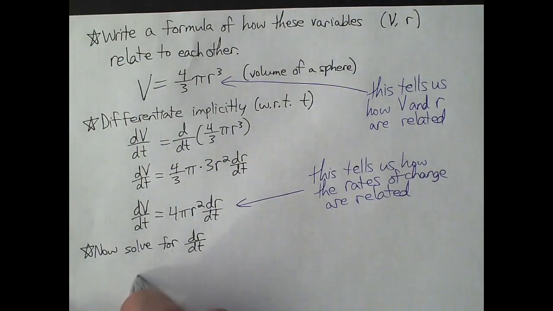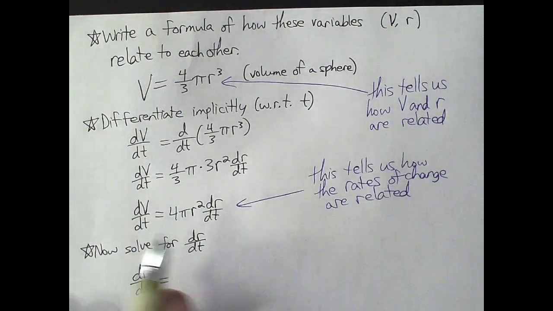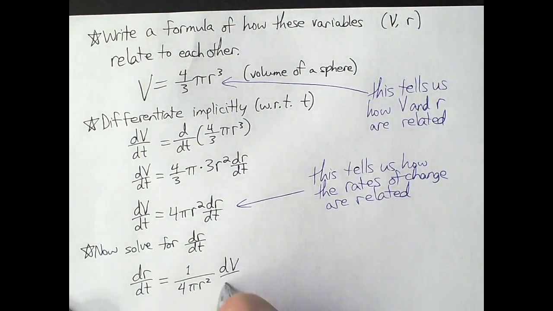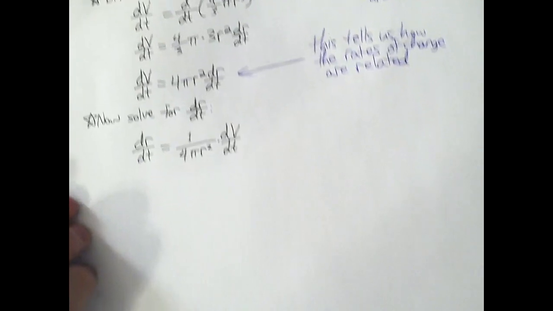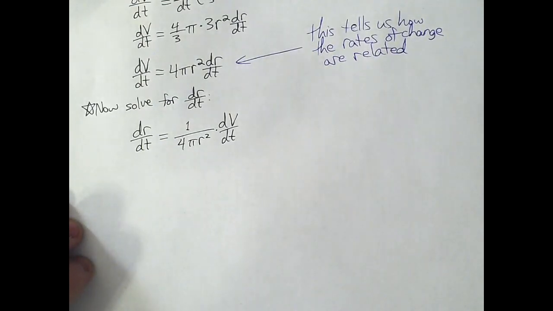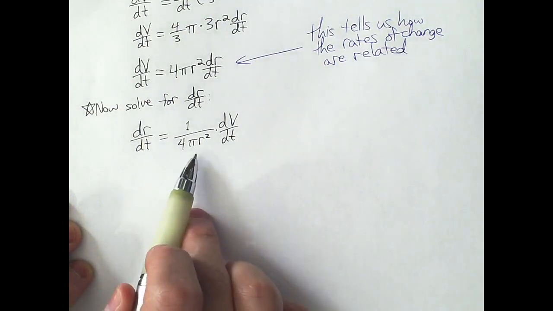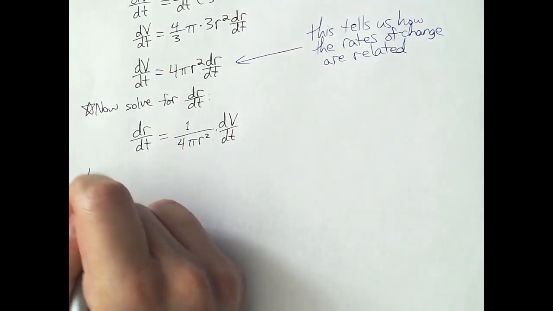So rearrange what we have above, divide both sides by 4 pi r squared, and I guess you get 1 over 4 pi r squared dv dt. How does that look? We found dr dt in relation to these other quantities.